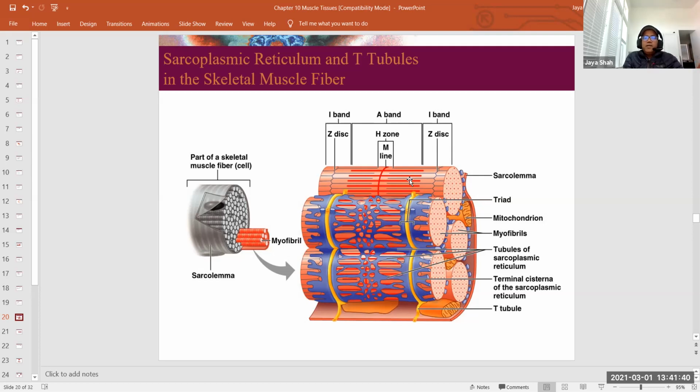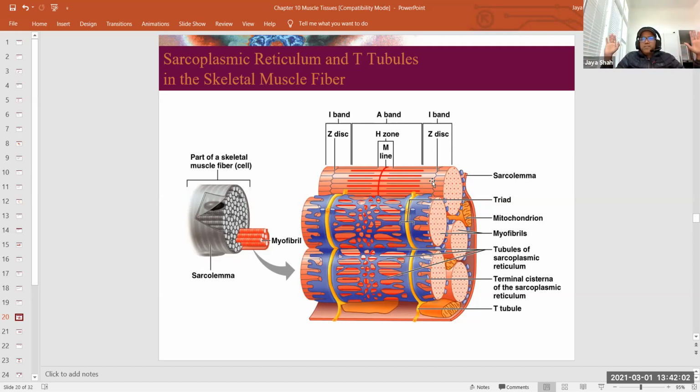Are you following me? This is the arrangement in the muscle, and such arrangement will be in the hundreds, thousands in number in each muscle cell. So here will be one section of actin and myosin, another section, another section, thousands of sections of actin and myosin arranged.